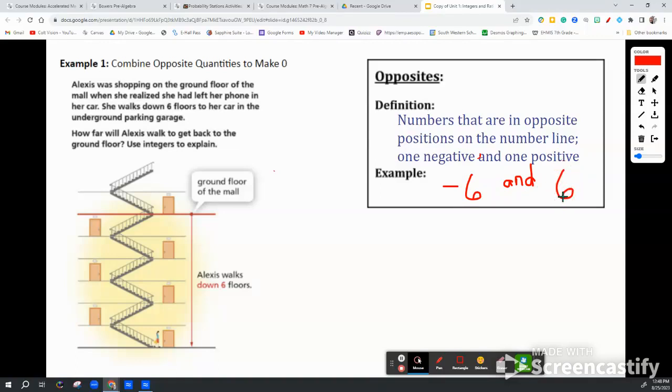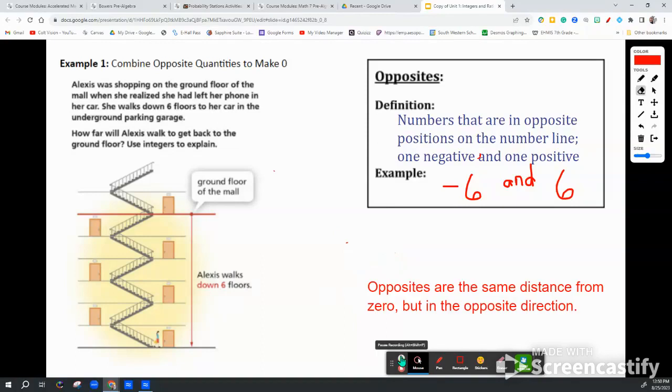So -6 and 6 are opposites because they're on opposite sides of the number line. They're on opposite sides of zero. Opposites are the same distance from 0. So I'm going to write that down as a sentence to keep. Okay, so now we have a definition of opposite.